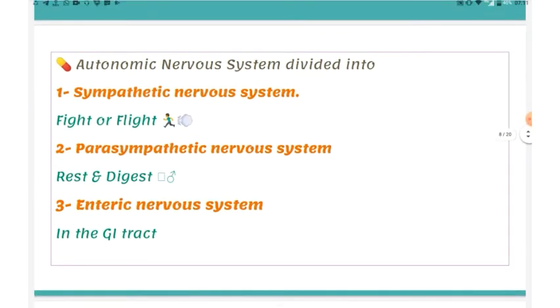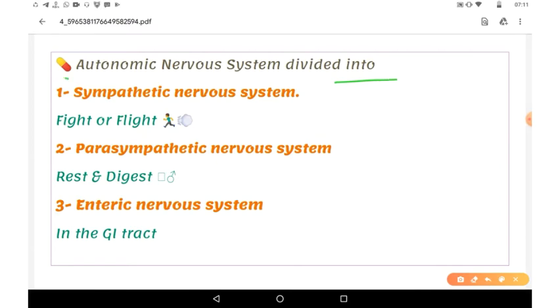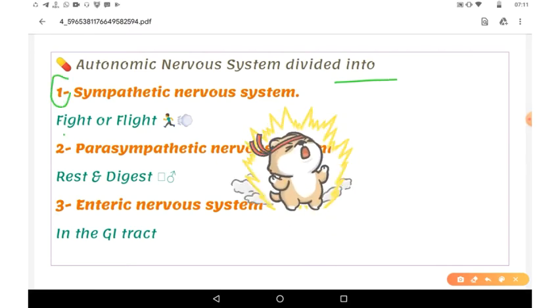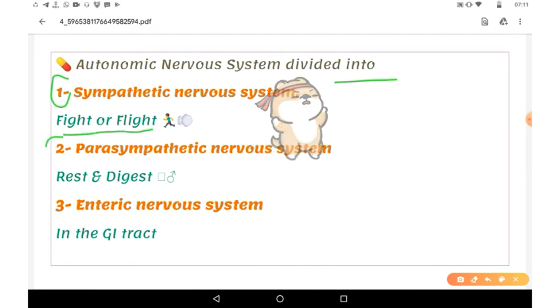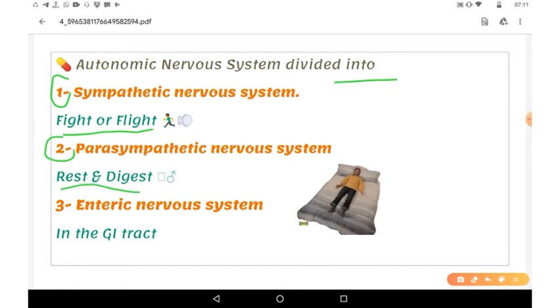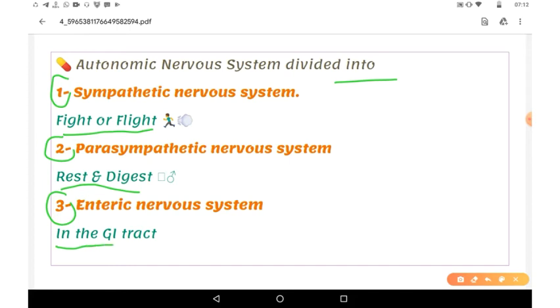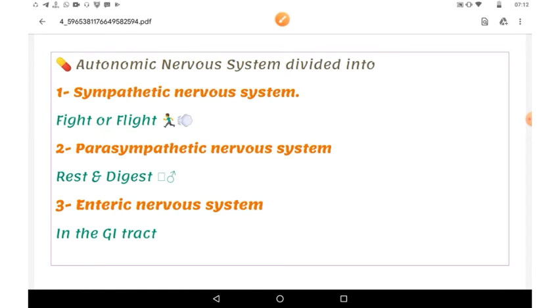The autonomic nervous system divides into sympathetic, which is fight or flight, and parasympathetic, rest and digest, and the third type is the enteric nervous system, a specialized nervous system located in the GI tract. We're going to discuss the sympathetic and the parasympathetic nervous systems.